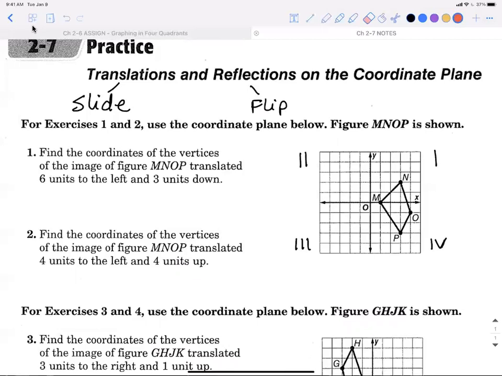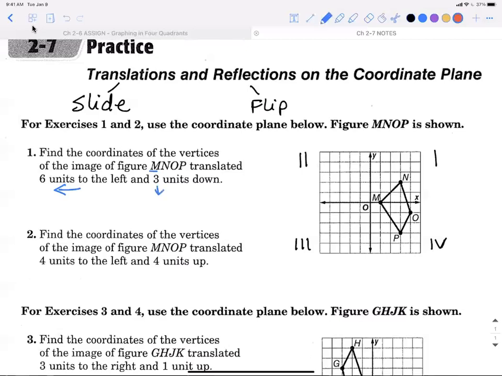And then we're going to talk about how you can even get these new points without doing the graphing. Okay, so if you take the point M, okay, let's do this in colors here. If we take the point M, and here is the point M right there at 1, 0. If we want to shift that, or slide that, I should say, 6 units to the left, that's backwards, right? 6 units to the left and 3 units down.